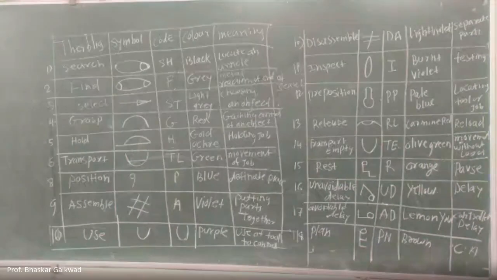Under this, we check the motions, and each motion is given a name called therbling, with the help of these 18 therblings. How many therblings are there on the blackboard? 18. So these therblings we have to use, and with them we design the SIMO charts.